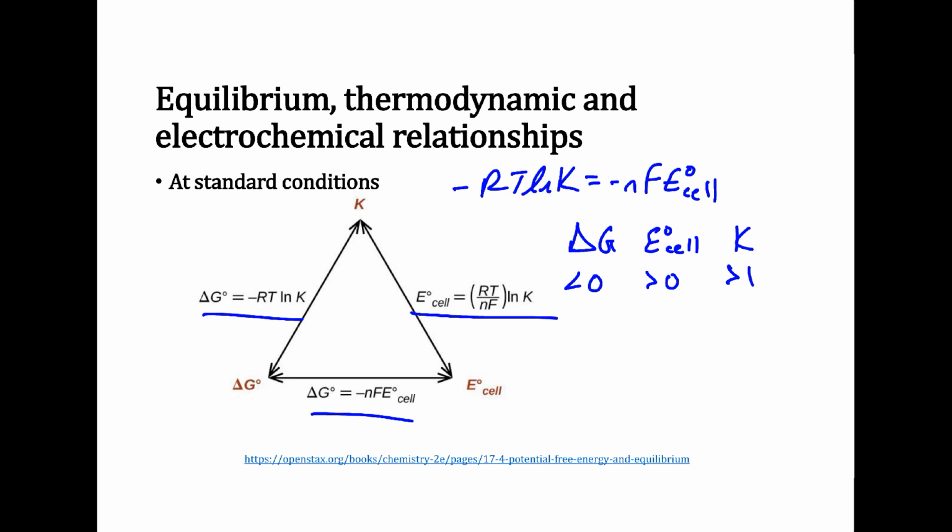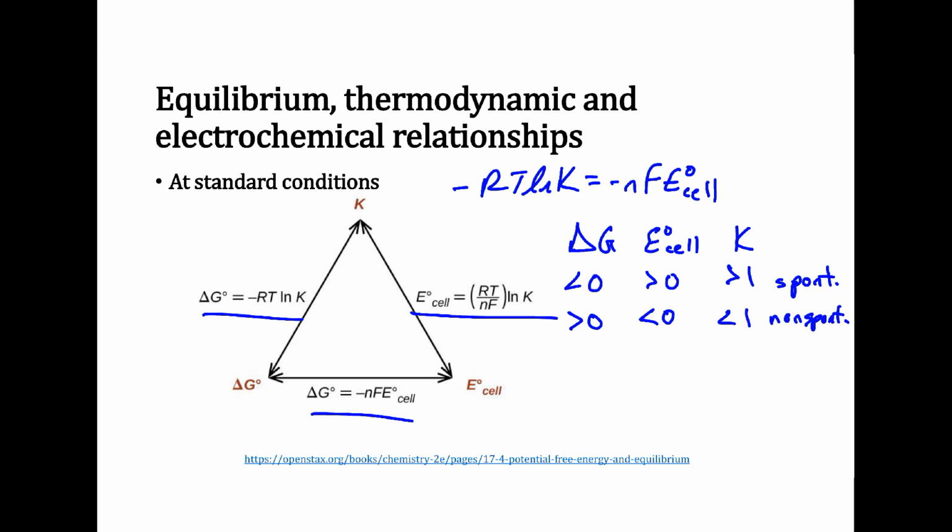This reaction in the forward direction is spontaneous. Another case is whenever delta G is positive, so it's greater than 0, which means E has to be less than 0, which means K is less than 1. This is non-spontaneous in the forward direction.